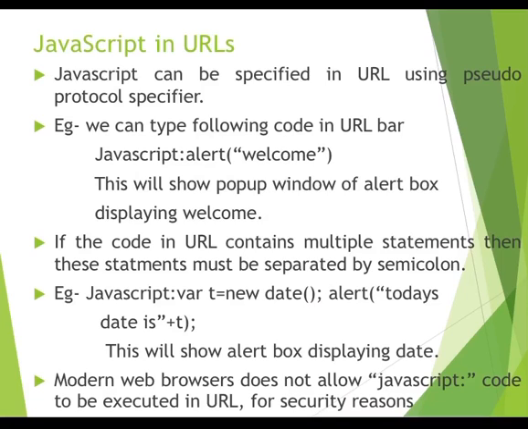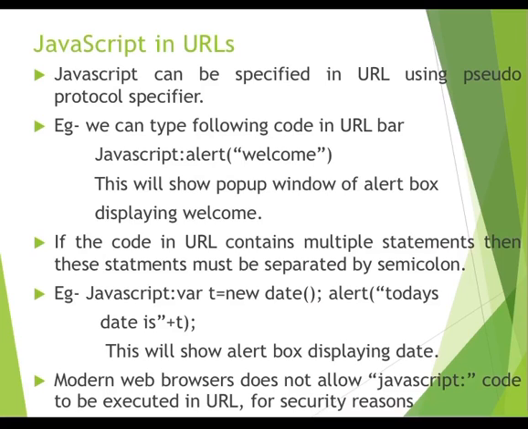The alert box returns a pop-up box displaying whatever message you have. So that JavaScript code will show a pop-up window of an alert box which will display Welcome. This is how you write JavaScript code in the URL bar.